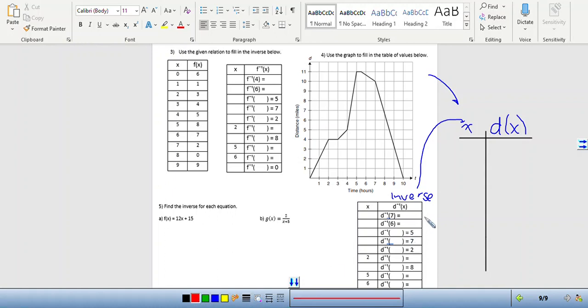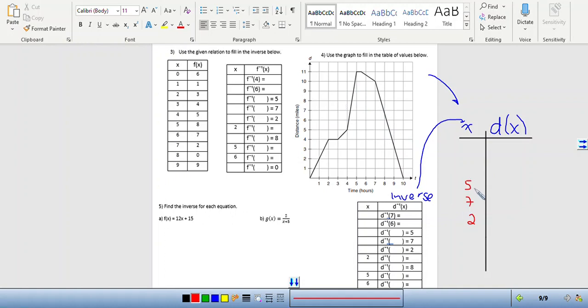So let's start putting in some of the values that we know. We know that there's a 5 here, 7, and then there's a 2 here. And we don't know what those x values are. But we can easily find that out by looking at the graph here.